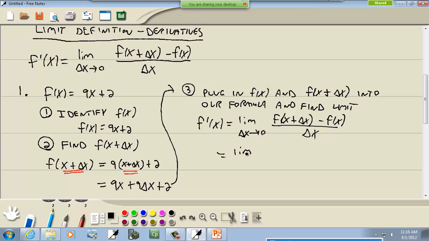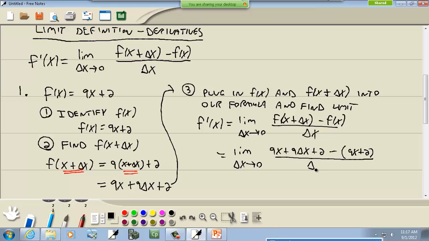So we got the limit as delta x goes to 0. F of x plus delta x we said was this right here. So it's 9x plus 9 delta x plus 2 minus f of x, which we said in step 1 was 9x plus 2.